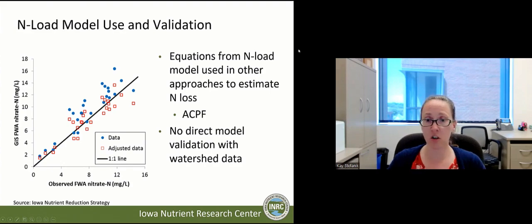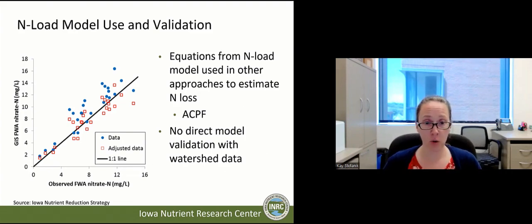However, with this N load model, there wasn't much done in terms of direct validation of the model using watershed data. On the left here, this graph shows kind of what was done for some of the validation.